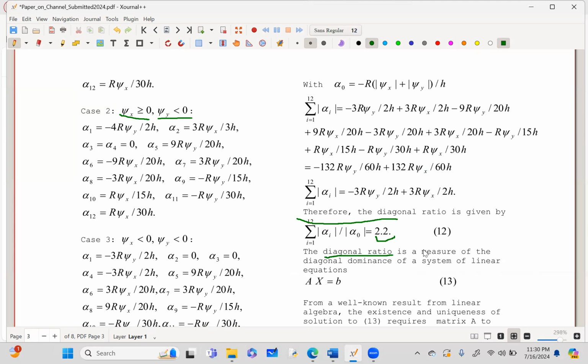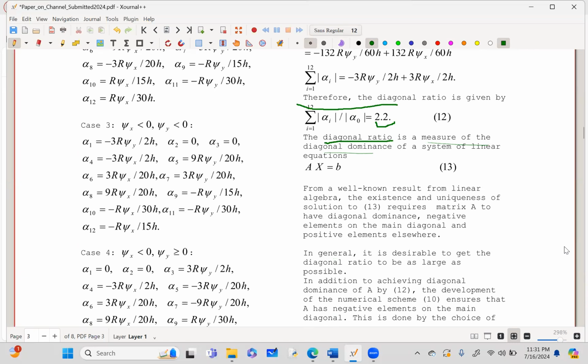but this is actually a measure of the diagonal dominance of the system of equations. And this is really an important criterion.